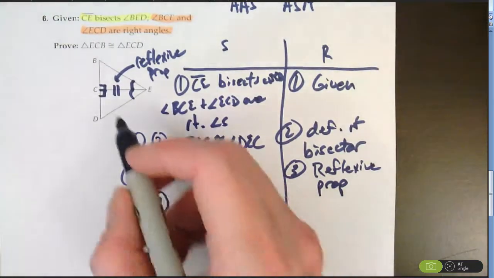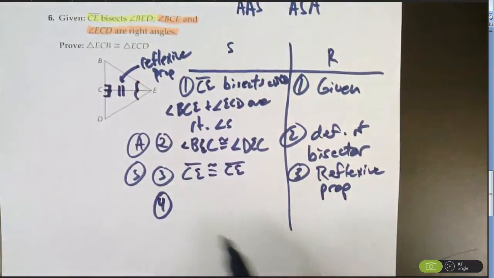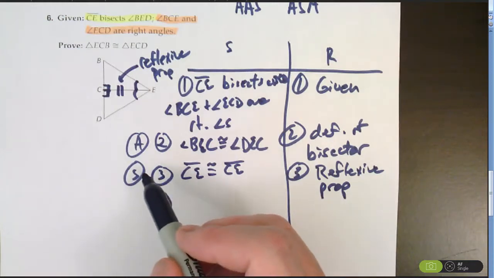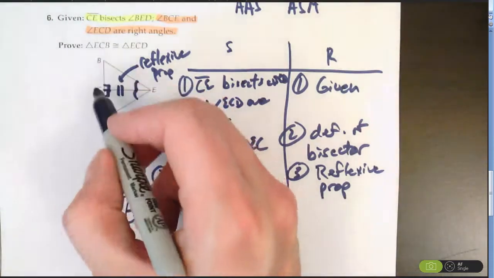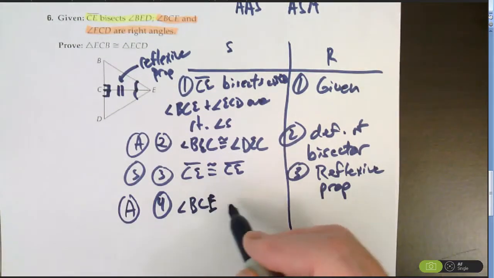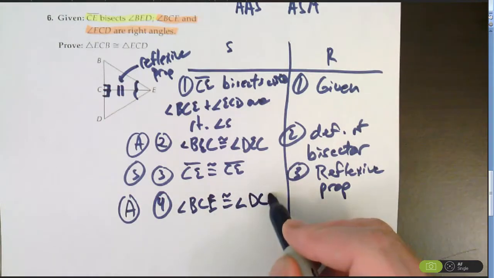And then number 4, and this is the one that, again, a lot of people missed. We have angle, side, angle, but if we look at our statements, we've only proved a pair of angles and a pair of sides congruent. We have to prove that the pair of angles are congruent. So you have to explicitly state that angle BCE is congruent to angle DCE.